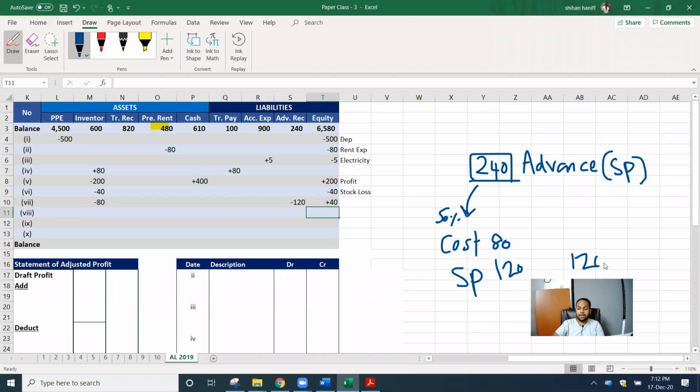Another 120 still we have not delivered. The cost of that is 80. So then the total becomes 240. Total cost becomes 160. So only this amount will be recognized as the income in the financial statements. That is why we put 120 and the profit is 40.